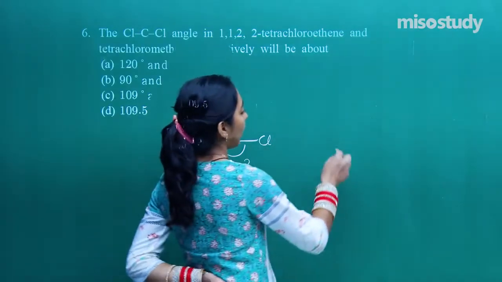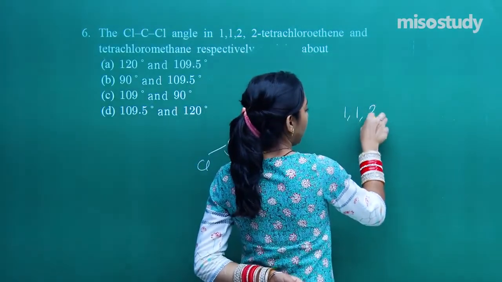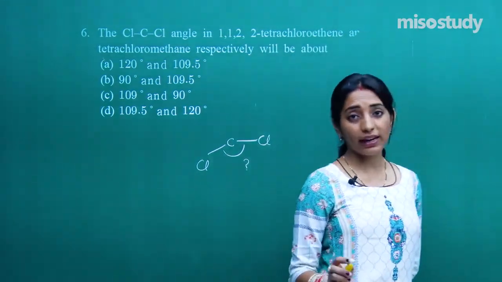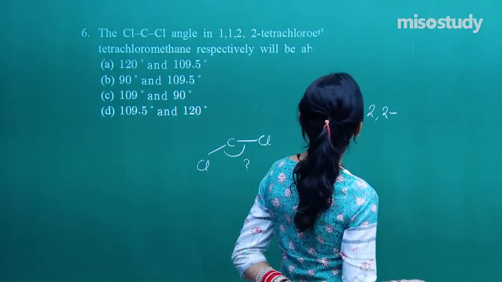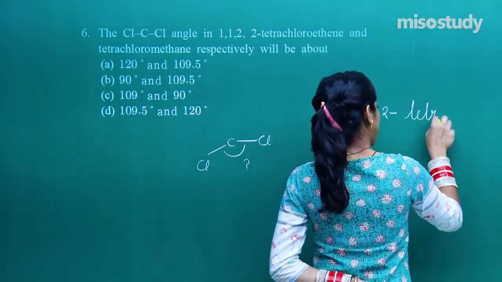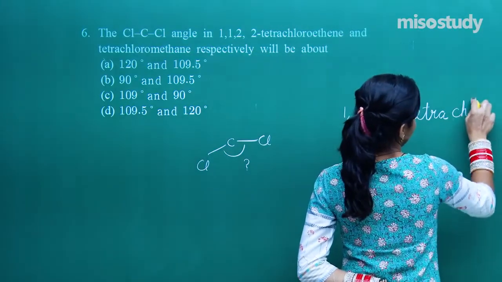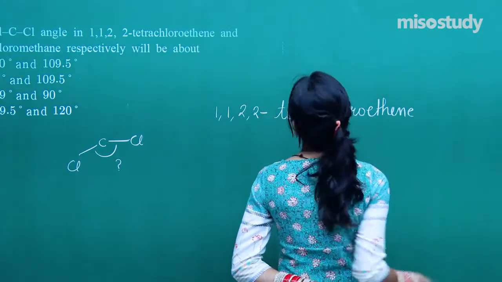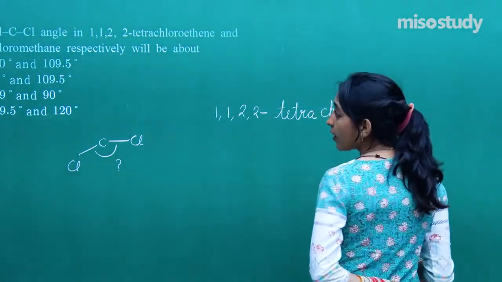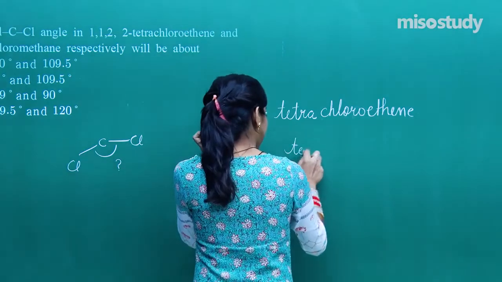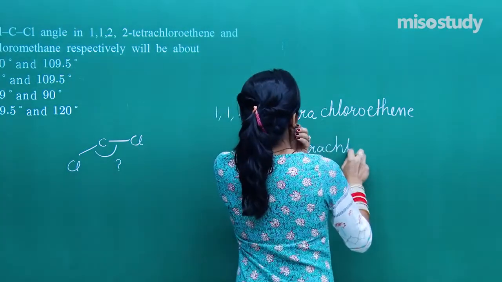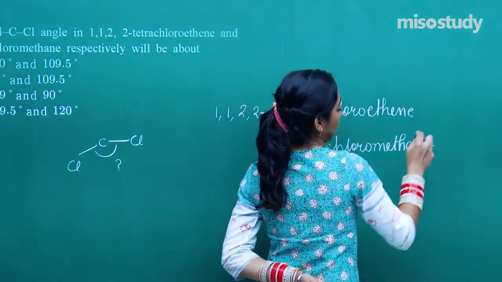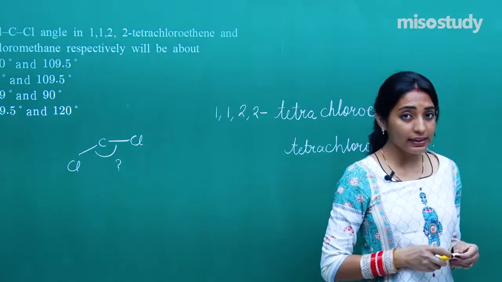So, it is again an organic molecule. I have tried to take simple organic compounds because you have this much idea in your class 10th also, right? You have to tell me the Cl-C-Cl bond angle.